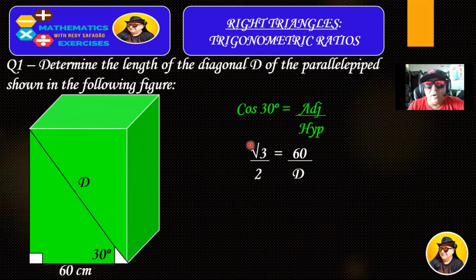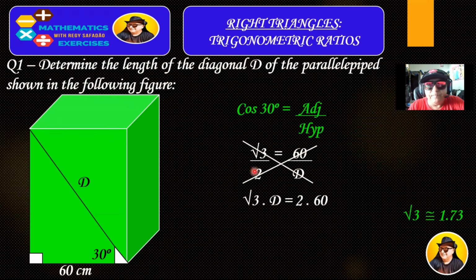All right, now let's multiply crossing, this way. So we are going to multiply this way and this way, crossing like this. I'm going to show you. Let's multiply like this and like this. Okay, don't forget, the root of 3 is about 1.73.